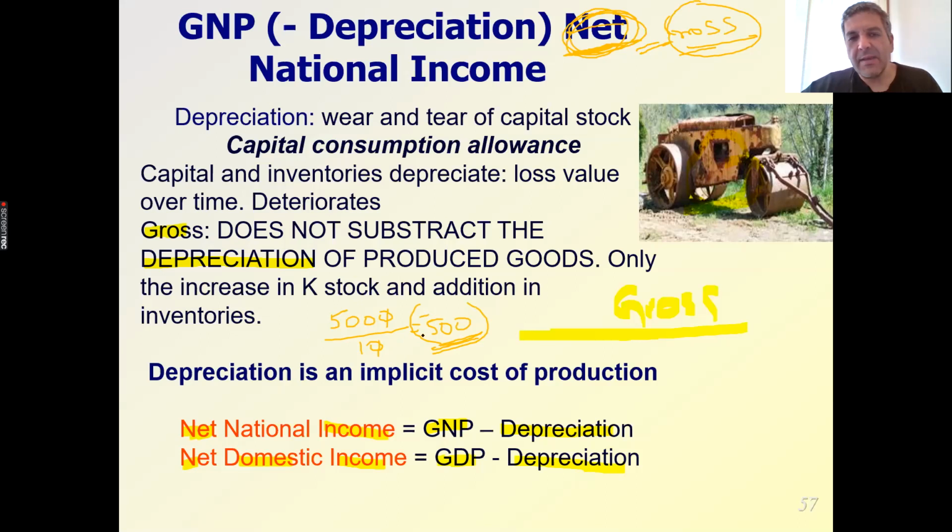In this case, we're saying 10%, because in 10 years, the building is going to be destroyed by 10% each year. So we need to subtract that destruction of the building or that wearing out of the machinery that is happening each year.